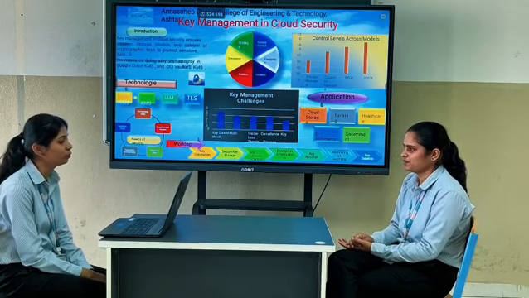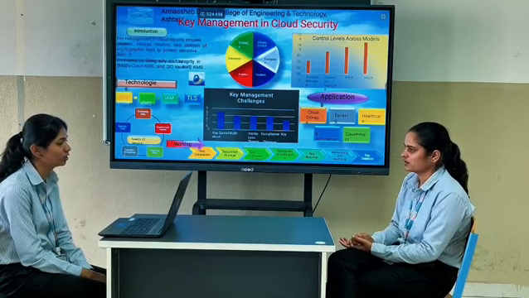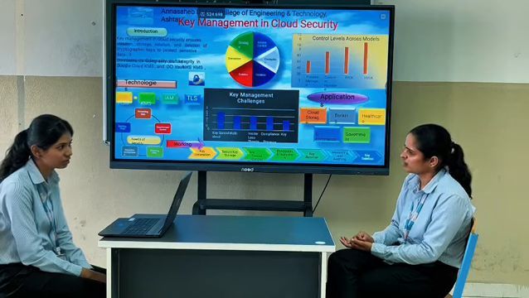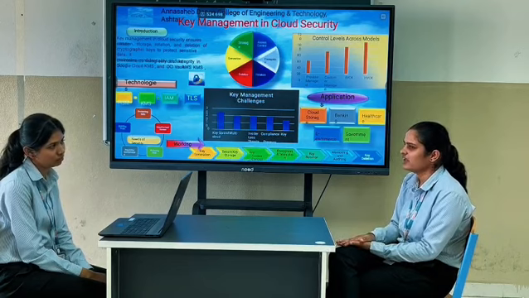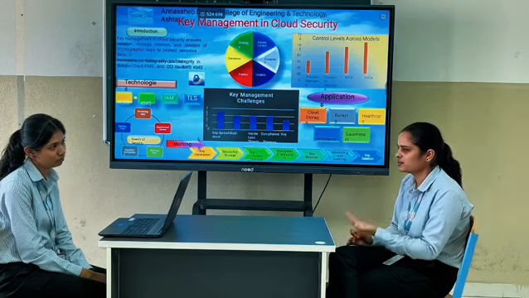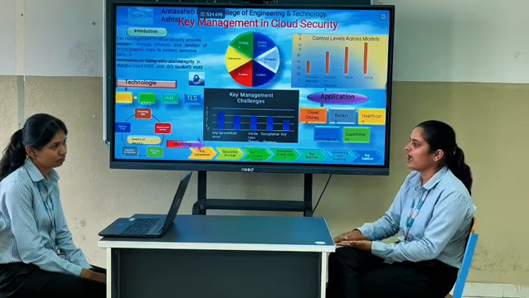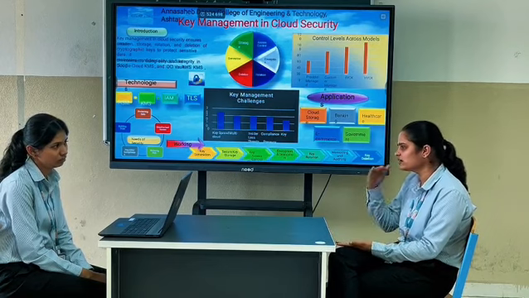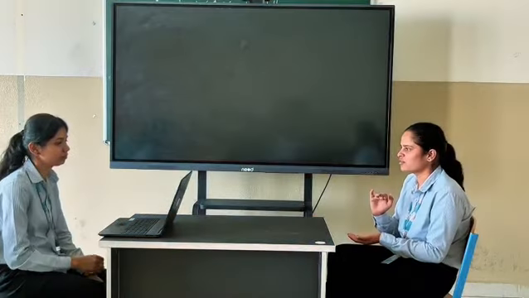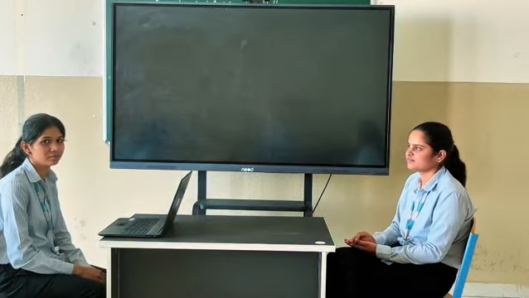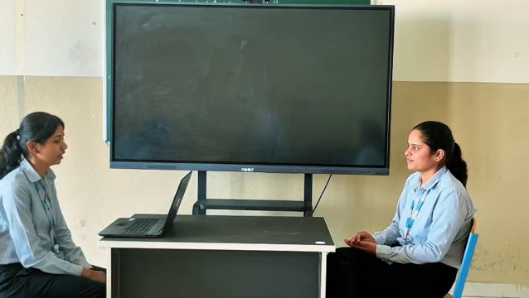Can you explain this topic in simple words for beginners? Key management in cloud security means we are going to provide some authentication and some protection for our cloud data. That is the simple explanation for beginners.